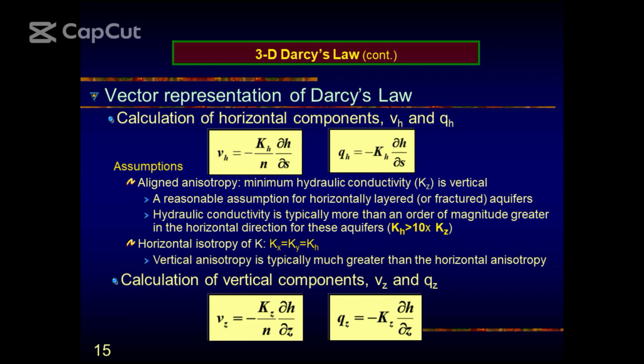Kxy is the same as kyx. The cross components are equal to 0. He's trying to say the cross terms are equal to 0. I agree with you. Yes, that is it.